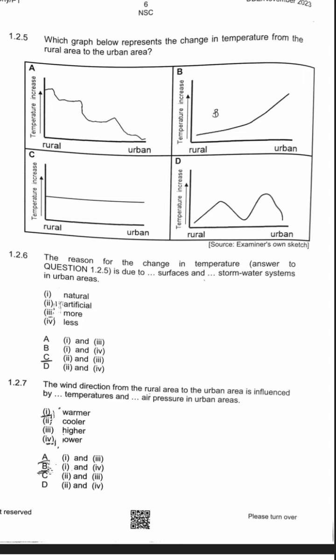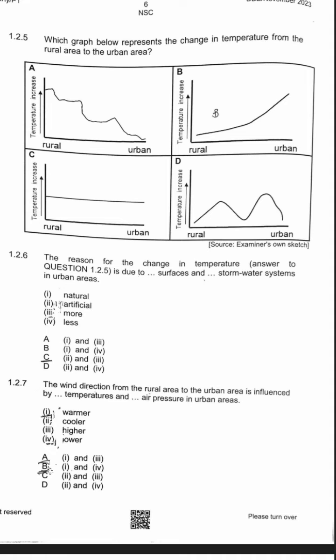So of course you find those in urban areas. Okay, so you have 4 Roman figures. The first one is natural, second one is artificial, and then the third one is more, fourth one is less. Okay, which pair are we going with here?